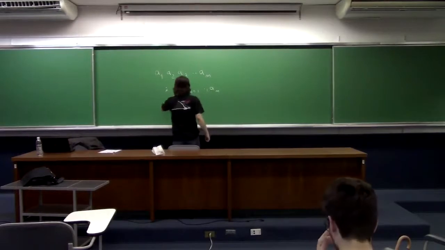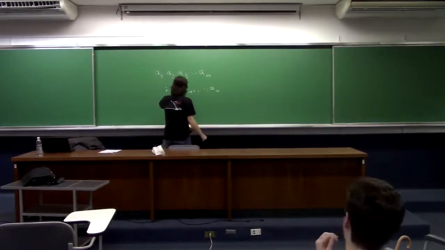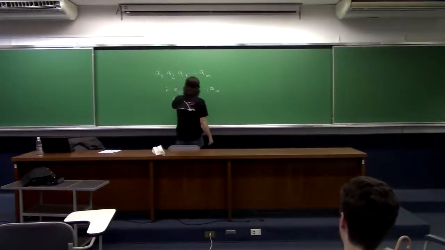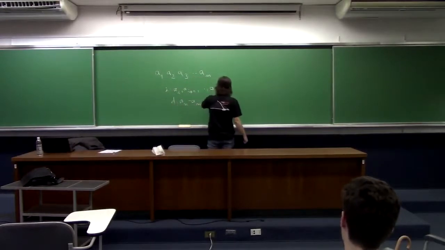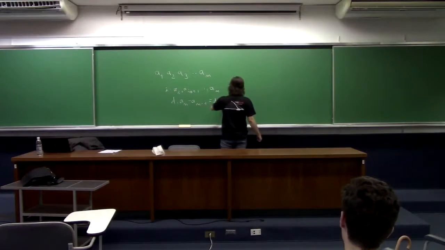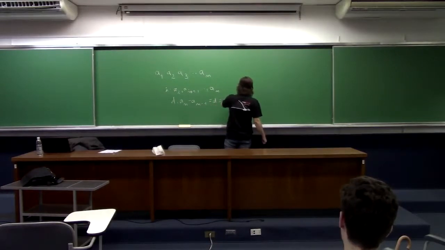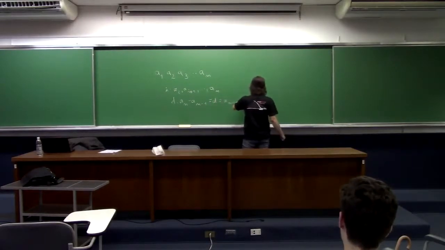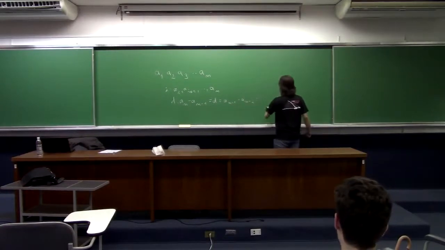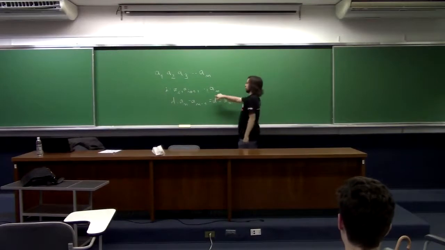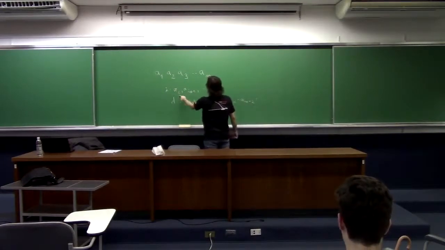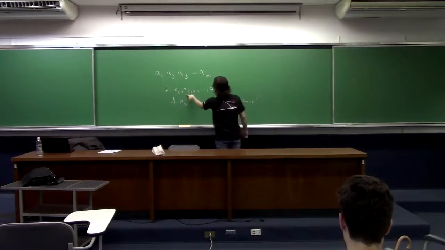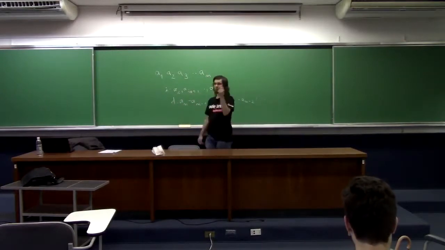So there is an integer d such that A_N minus A_(N-1) equals A_(N-1) minus A_(N-2) equals etc. Each pair of two consecutive elements, when we subtract this element from the next element, we get the same difference.